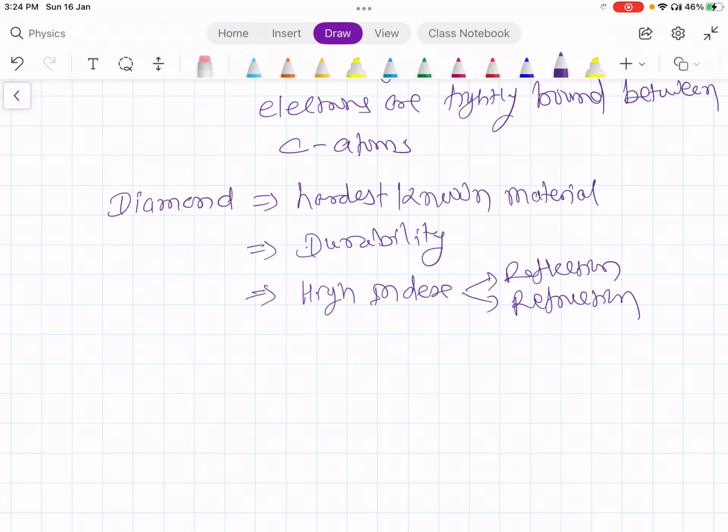Now, as I said, in the diamond unit cell both the basis atoms are carbon atoms.